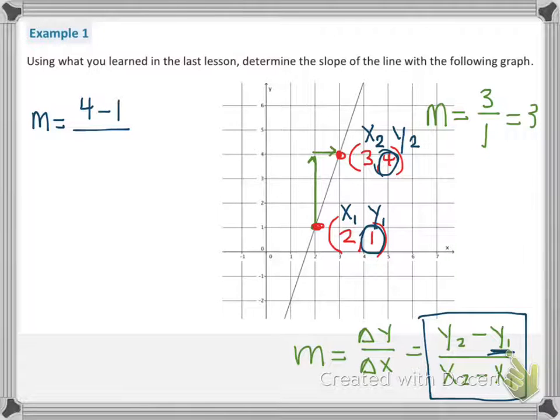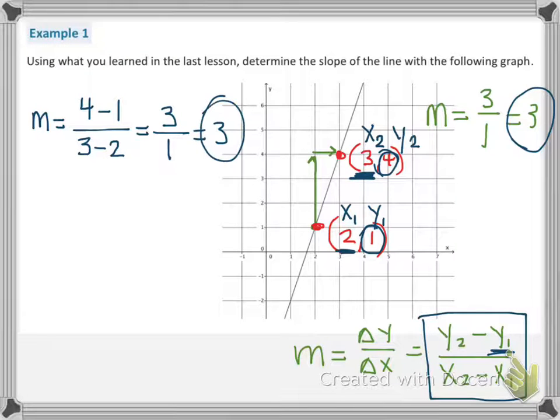So I go to my x2, which is a 3, minus my first x, which is a 2. So 3 minus 2. And then if I simplify, 4 minus 1 is 3, 3 minus 2 is 1, so the slope is 3, and that matches what we found over here. So we can see it from the graph, but we also need to be able to calculate it from the ordered pairs, and you use that equation to calculate slope, the change in y over the change in x.